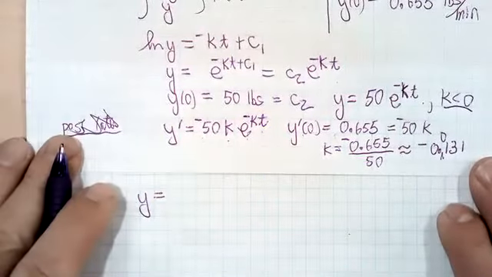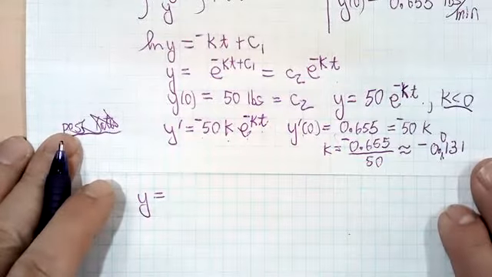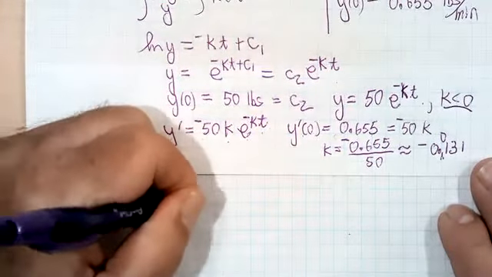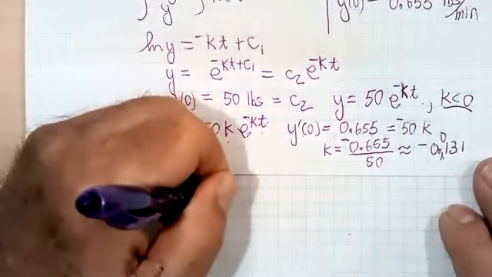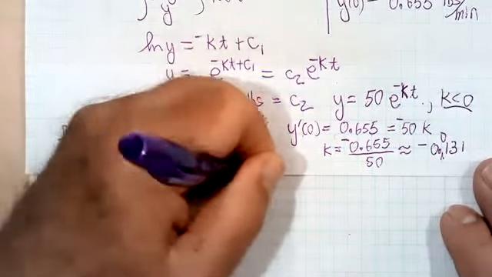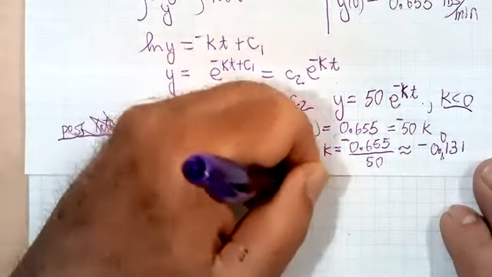So y is equal to, what did we get? 50 e to the minus 0.0131 t.